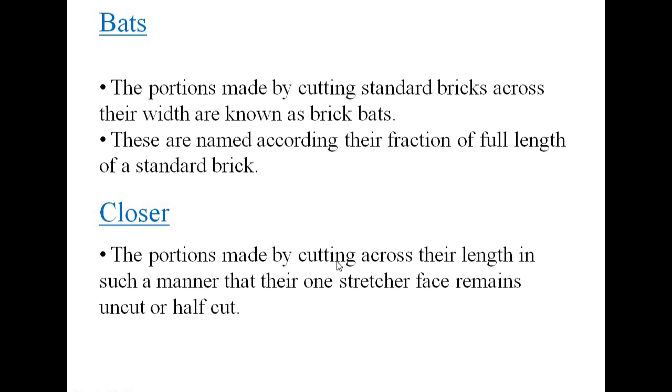The portion made by cutting across their length in such a manner that one stretcher face remains uncut or half cut is called a closure. Simply remember that when you cut the brick along the width, it is called a bat, and when you cut the brick along the length, it is called a closure.